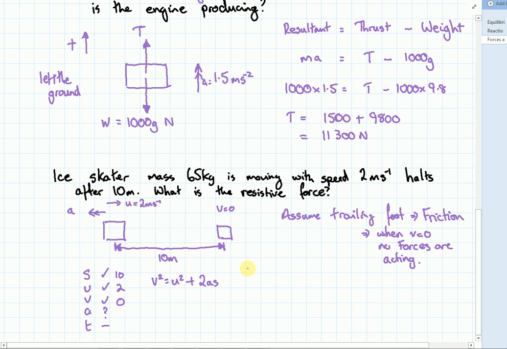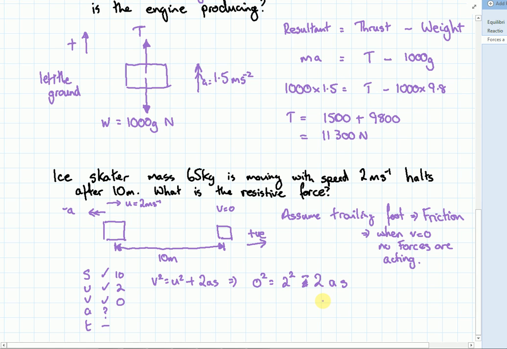Put our values in: 0 squared equals, and again, let's make our positive direction to the right, U squared is 2 squared, plus 2AS, and A is negative, since it's going the opposite way.